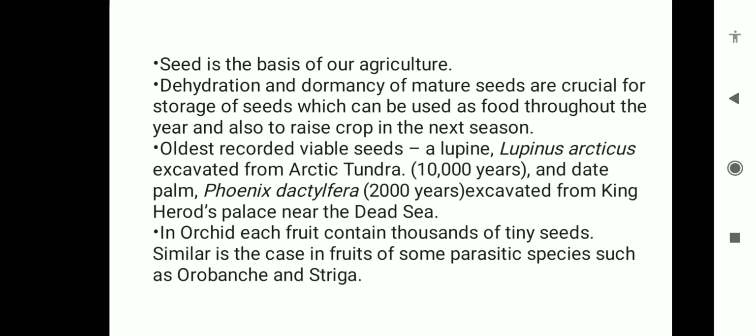Since reproductive processes such as pollination and fertilization are independent of water, seed formation is more dependable. Besides, seeds have better adaptive strategies for dispersal to new habitats and help the species to colonize. When the seeds are dispersed from one place to another, their dispersal also promotes the race to occur.